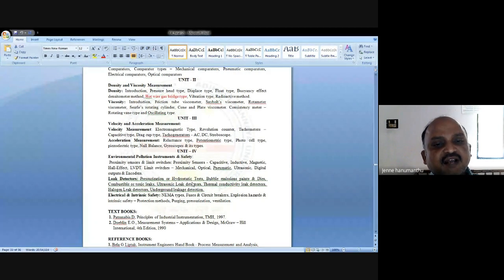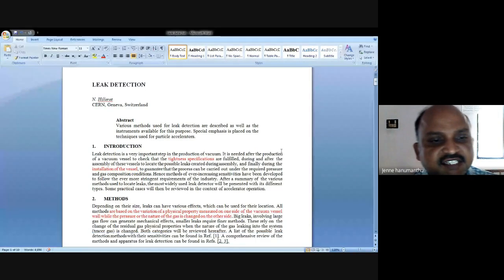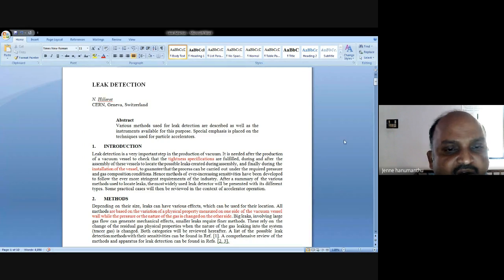Okay, there are some other techniques also. So, leak detection. The leak will tell us about how tight it is.